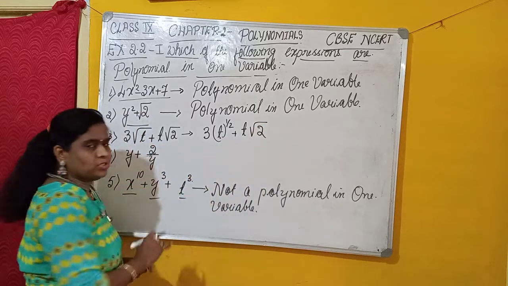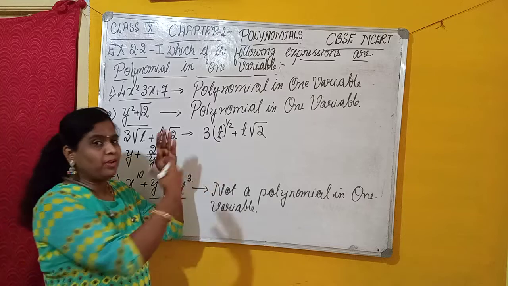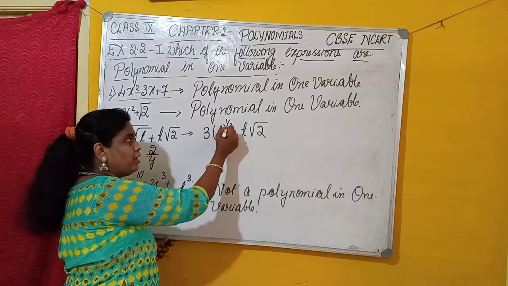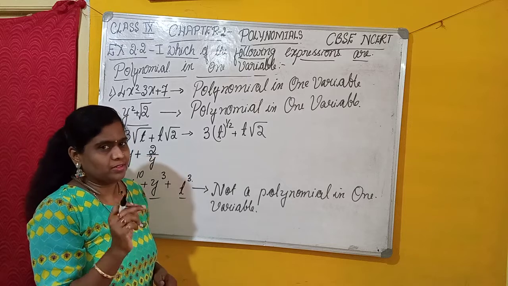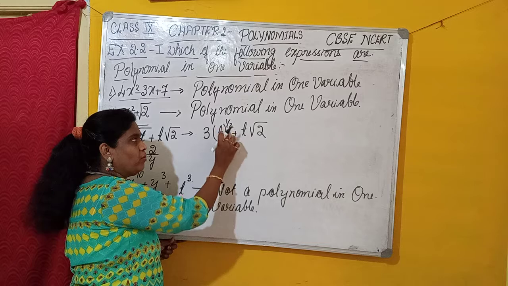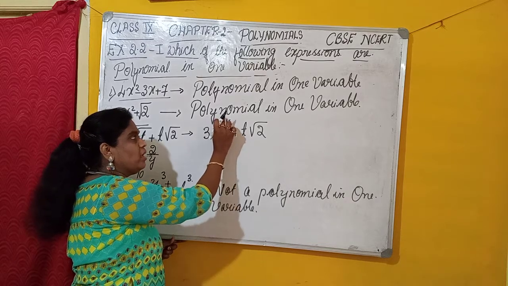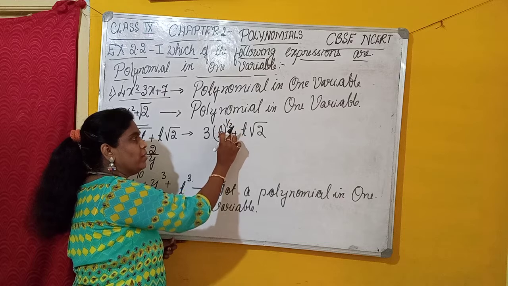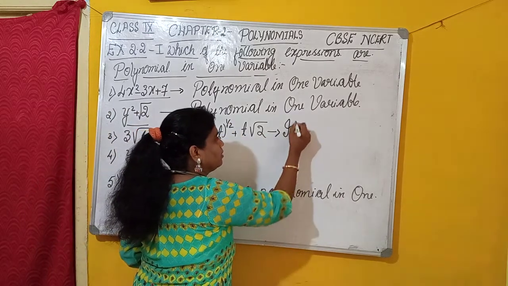Here the variable used is t, but its exponent is 1 by 2. It is not a whole number. Isn't it? T to the power of 1 by 2, the exponent is not a whole number. Here it is a fraction, that is 1 by 2. Therefore, it is not a polynomial.